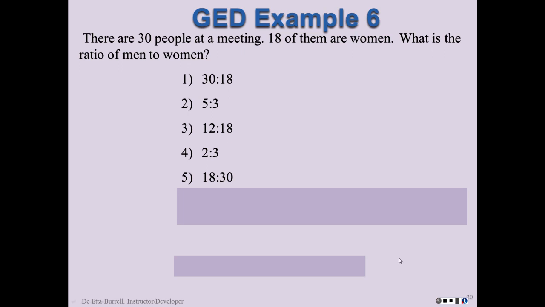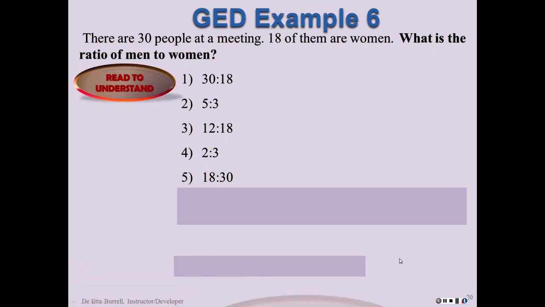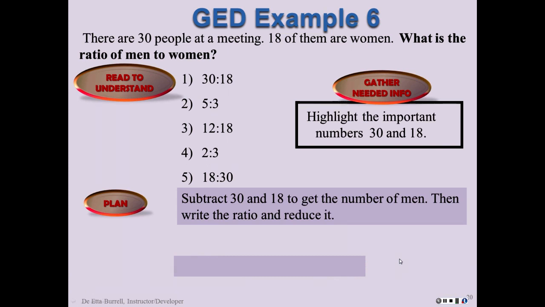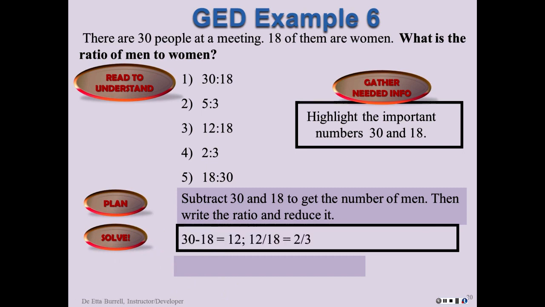Okay? You must read carefully. Sometimes you have to subtract. You understand that? Okay. And then once you get the 12 to 18, you have to reduce by 6. And that'll give you answer number 4.